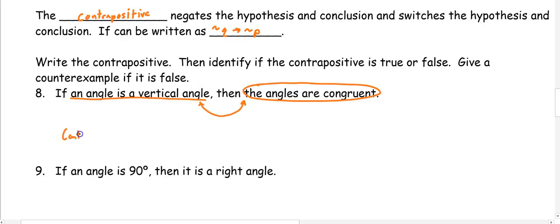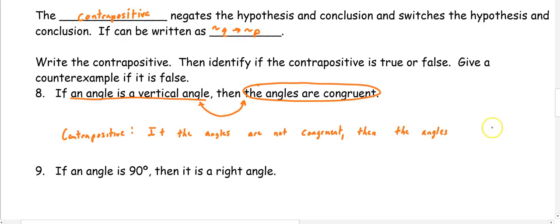So our contrapositive here then would be if the angles are not congruent, then the angles are not vertical angles.